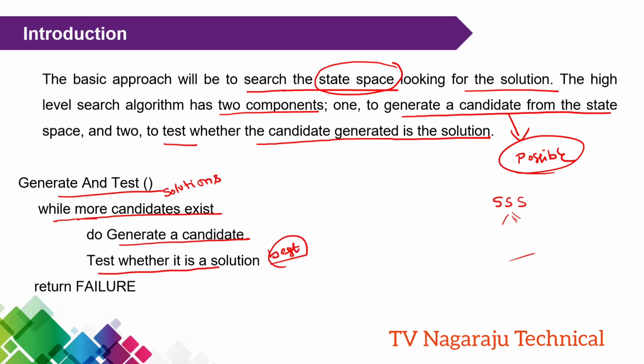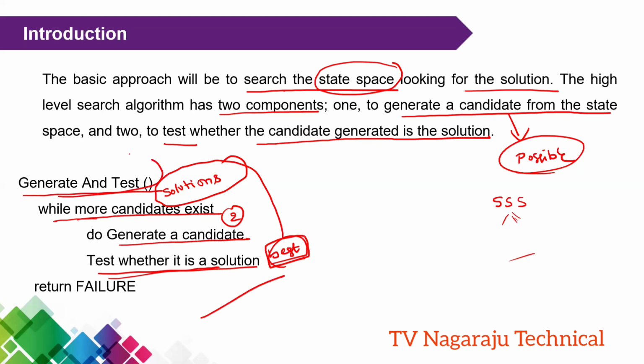If it is the best solution, okay. Otherwise, repeat the entire process. Take the second solution, test whether this is the best solution. Means whatever best solution we assumed is compared with all the remaining solutions. You got the point? Generation of multiple solutions and checking each and every solution to see which one is the better one. That is called the generate and test strategy.